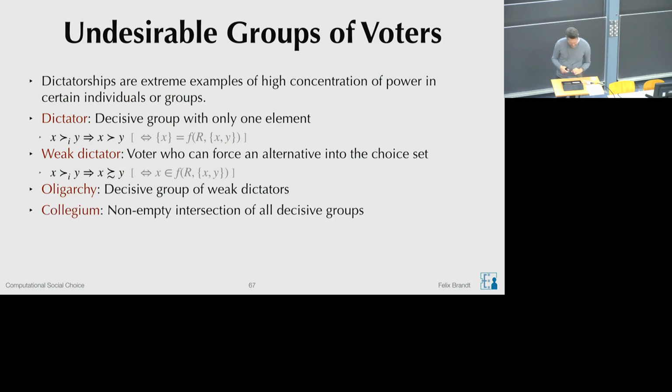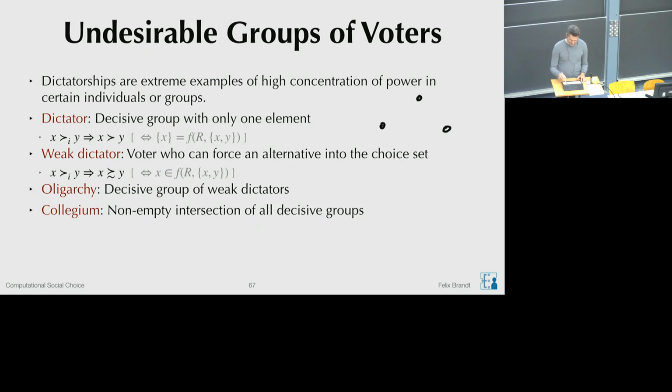And then finally, we have the notion of a collegium, which is probably the most difficult to understand. A collegium is the non-empty intersection of all decisive groups. Maybe let's again recall how we had these decisive sets if we had 3 different voters.